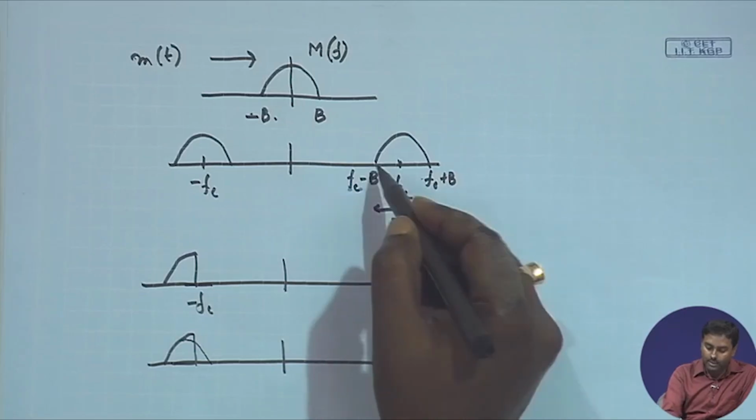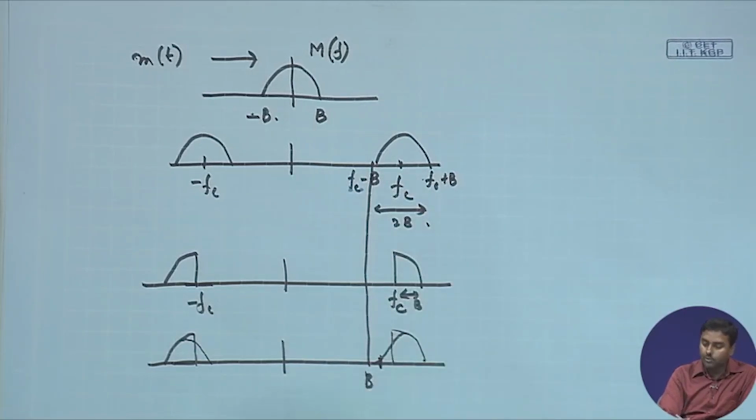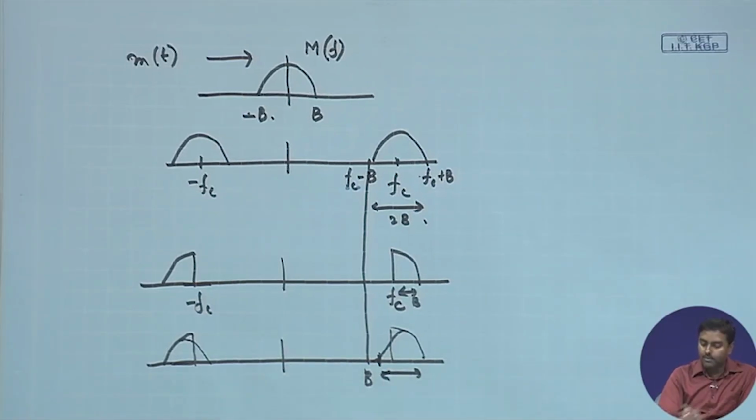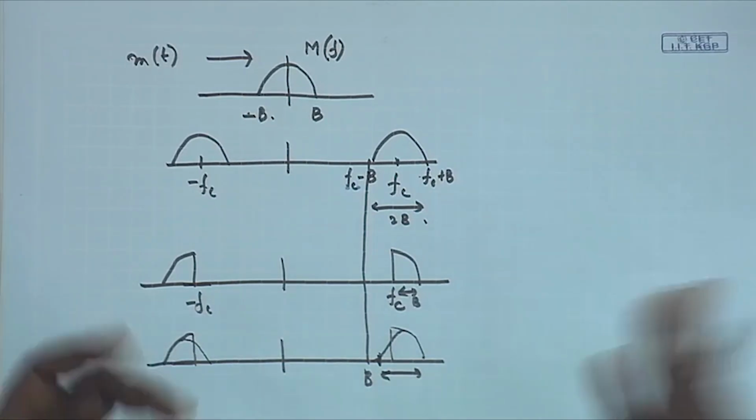I am not including that whole band, I am not running up to B, it will end somewhere. So my overall bandwidth will be, let us say, 70 to 75% of the overall 2B. So I am benefiting by saving 25% of the overall band.